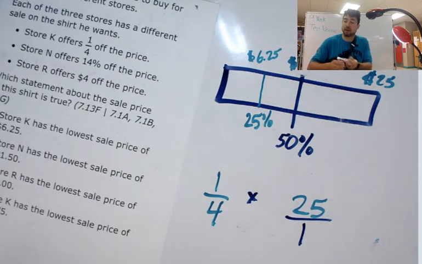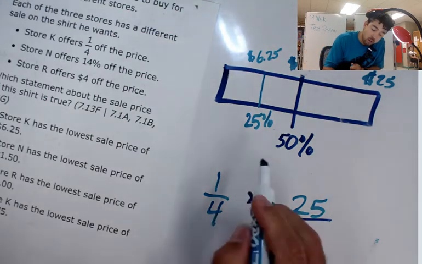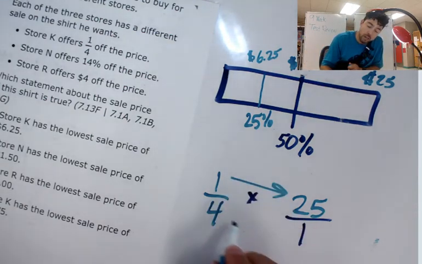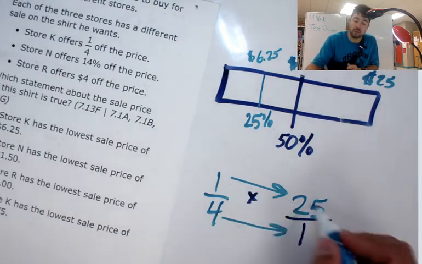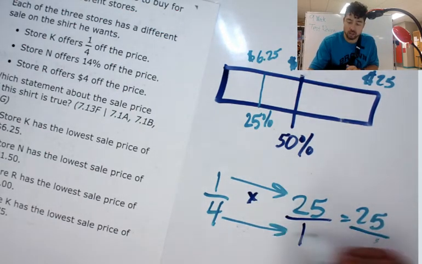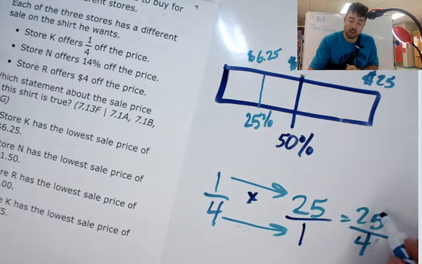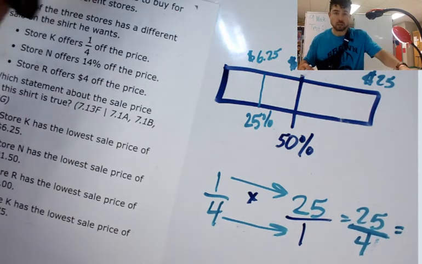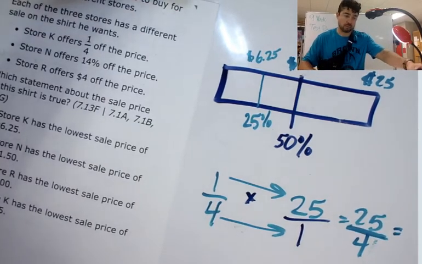And then when we multiply fractions, how do we multiply fractions? No, don't say cross multiply. That means something else. You multiply numerator by numerator, denominator by denominator. What's 1 times 25? 25. 4 times 1 is 4. If I divide, this line in the fraction means to divide. 25 divided by 4 equals 6.25.